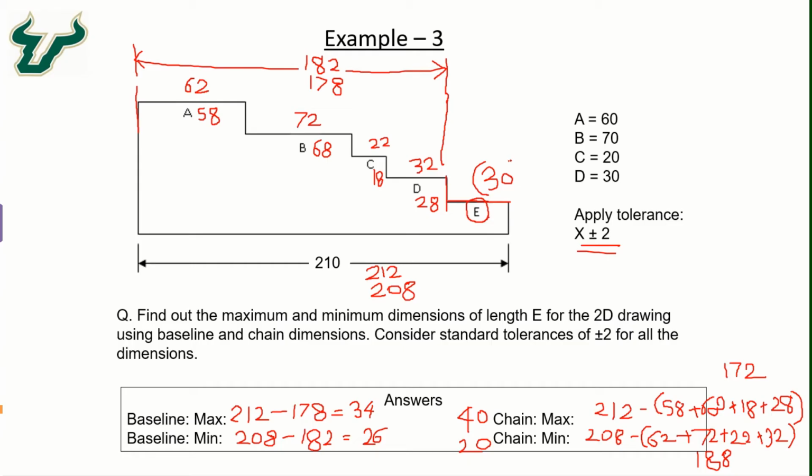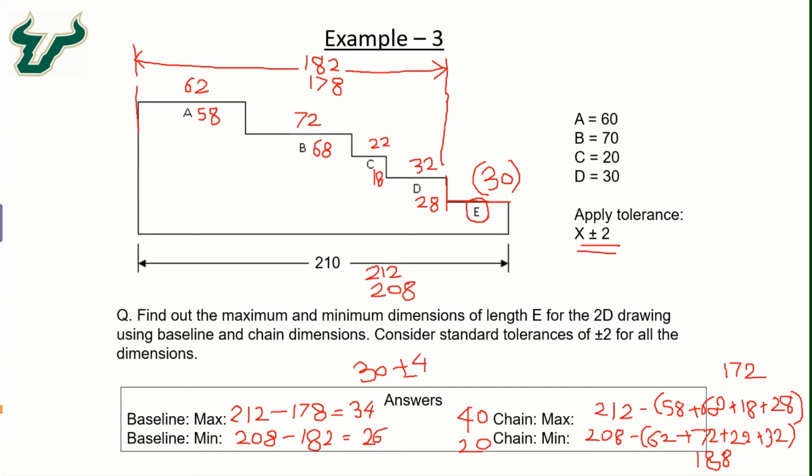I'm putting it in parentheses because I don't want the tolerances applied on that number, because it is the tolerance build-up. So for the nominal value of 30 using the baseline scheme, there is a range of 8 units. So we can say that the tolerance build-up is basically 30 plus minus 4.